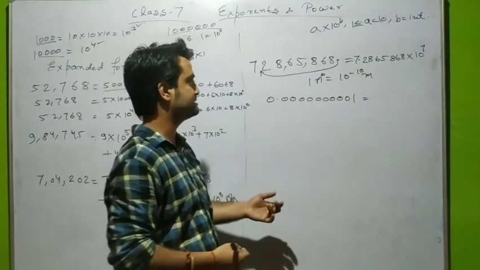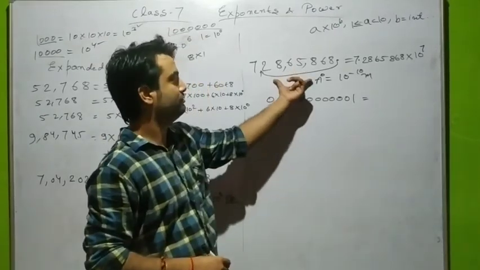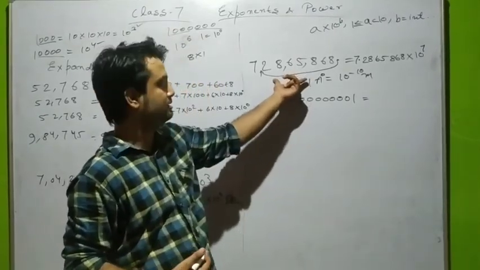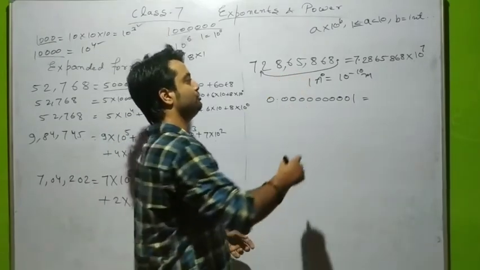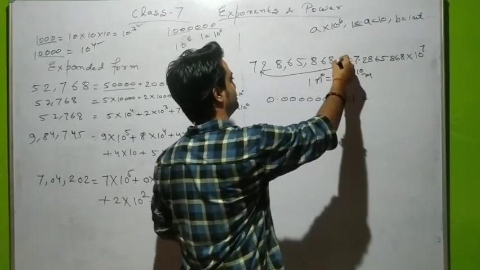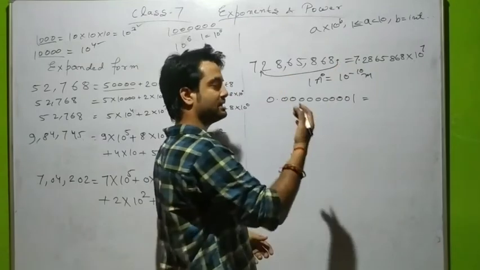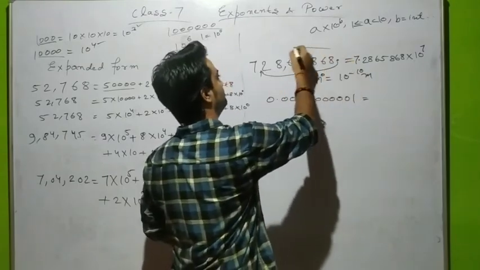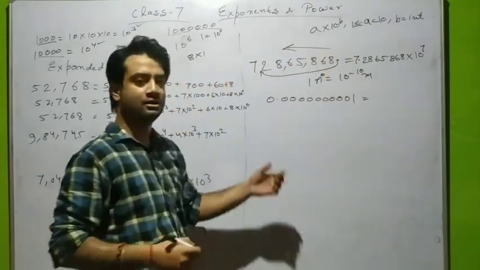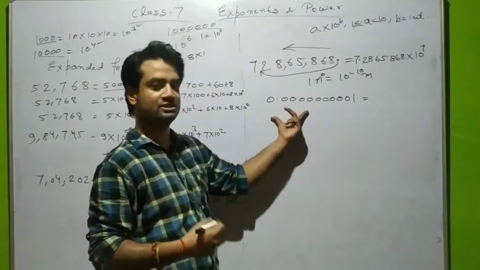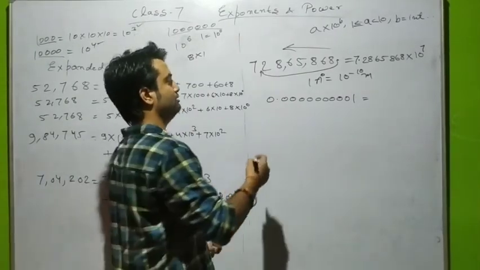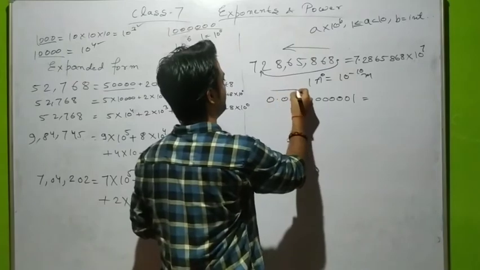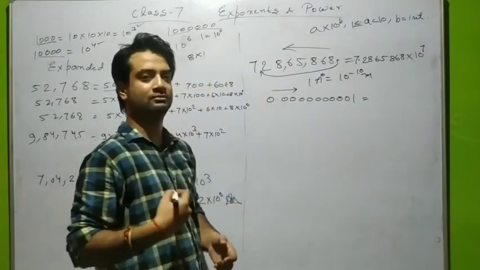In numbers bigger than 1, you used to bring the decimal from right to left. Now in such tiny numbers, you will shift the decimal from left to right.